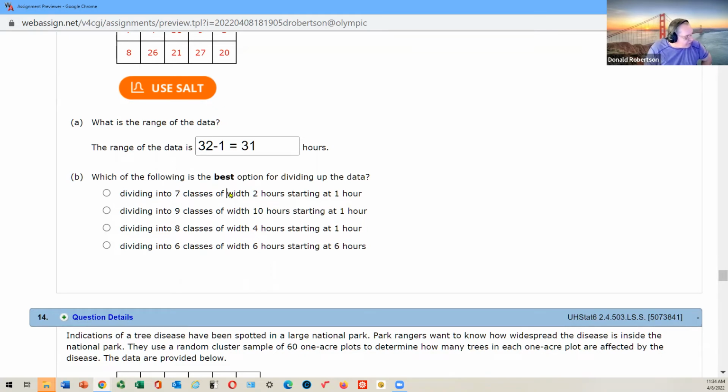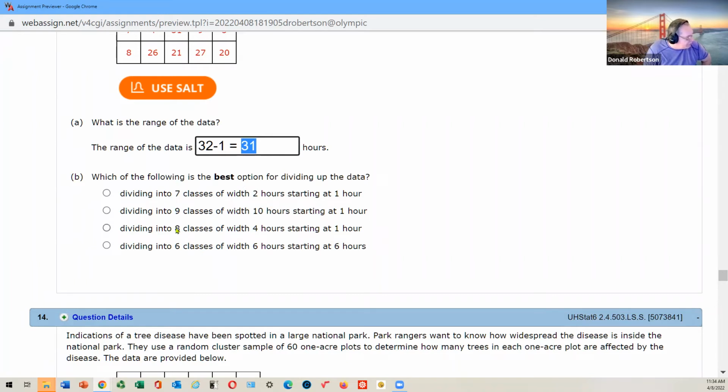If you make each of them a width of 2, 31 divided by 2, doesn't that get you about 15 or 16 rectangles? So actually that's not right. You'd like 7, or 8 or 6, right? But that one won't do it. How about, would you get 9 if you used 10-hour widths? No. If you use 10-hour widths, wouldn't you get only 3 rectangles, maybe 4? So that one's no good.